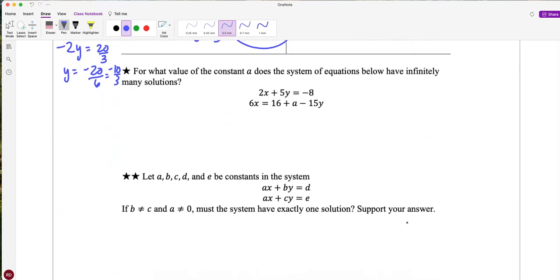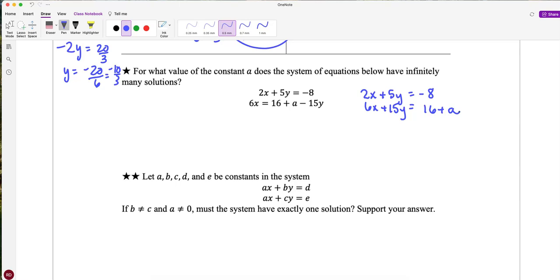For what value of the constant a does the system of equations below have infinitely many solutions? Okay, so let's try to get all of our x's and y's together. 2x plus 5y equals negative 8. And then I've got 6x plus 15y equals 16 plus a. So a couple of things.